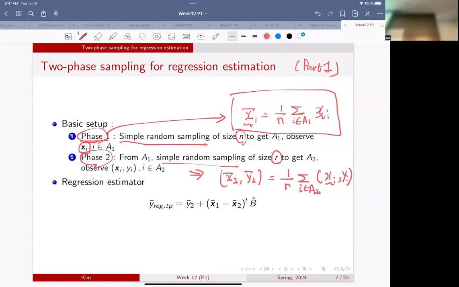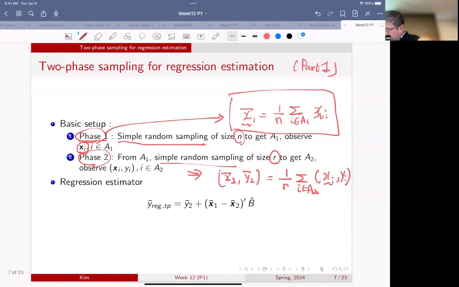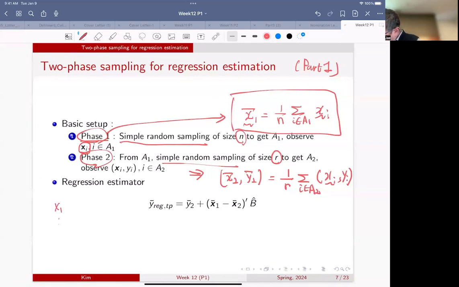Okay. Suppose we have X1 to X10, so this population n equals 10. Small n equals 5. Suppose r equals 2.